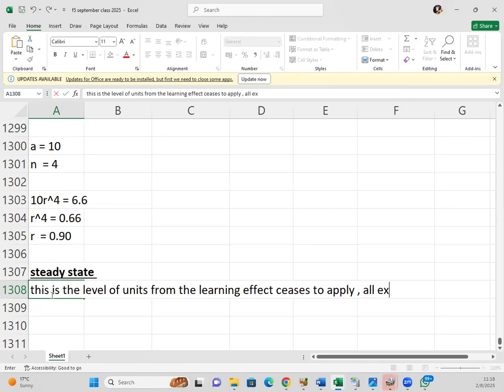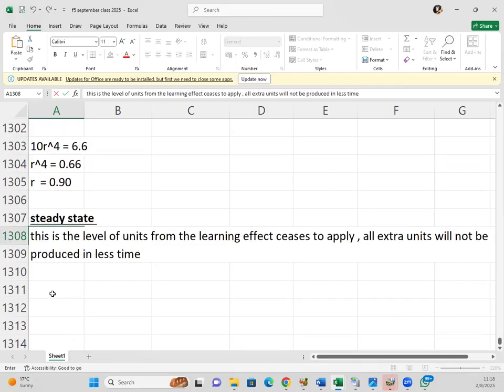All extra units will not be produced in less time.